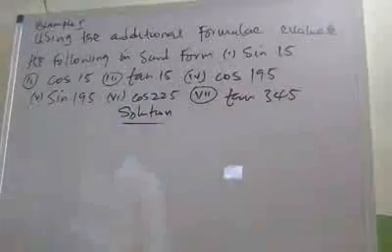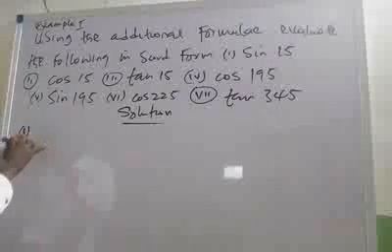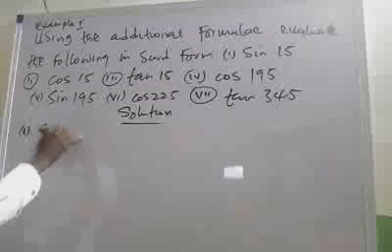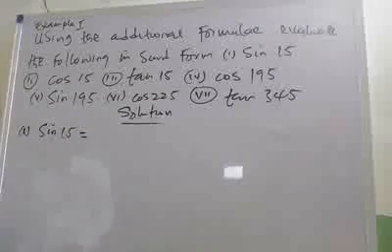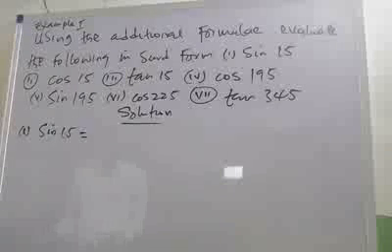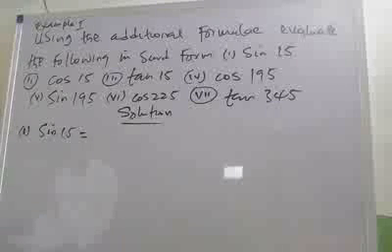The first one is sine 15. If you use the addition formula, 15 is the same thing as 45 minus 30.